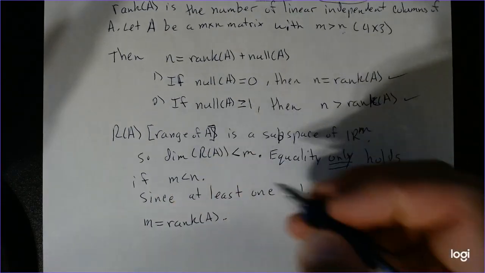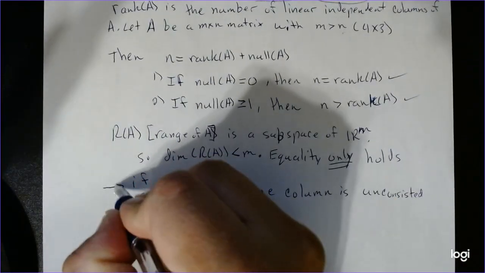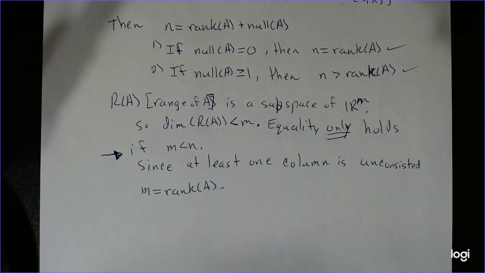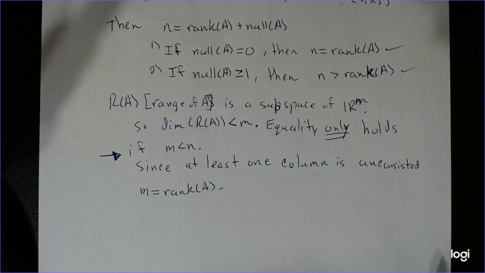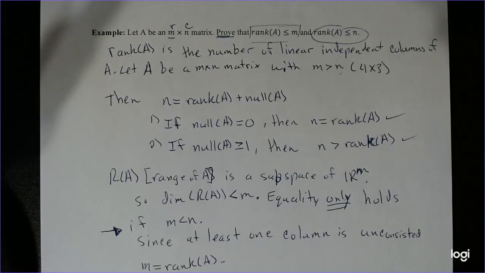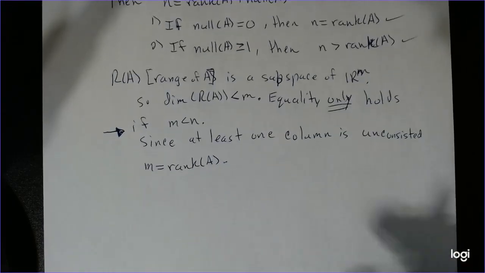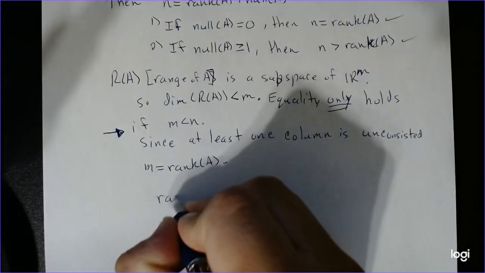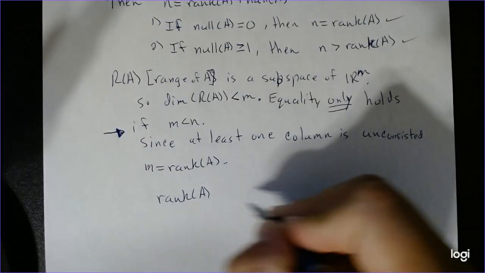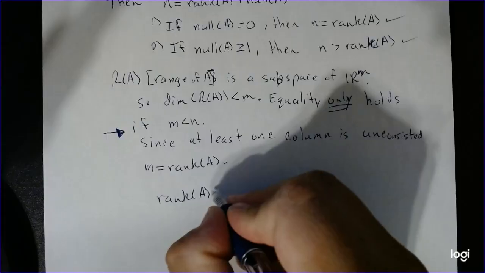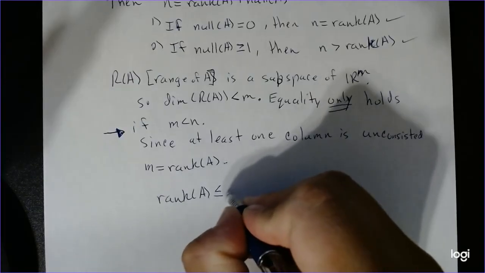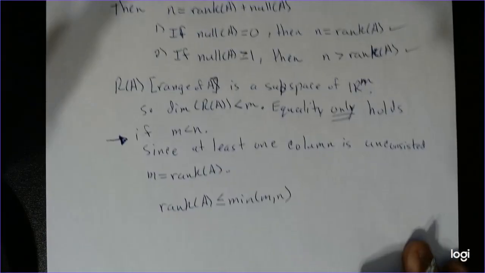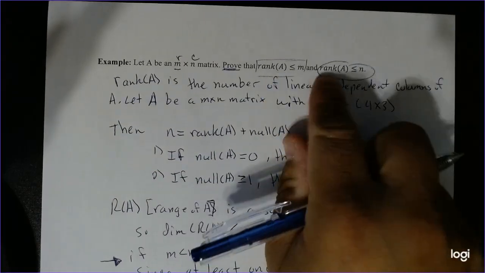But again, this only works if this happens, which is an odd way of asking it. So therefore, we actually disprove something, because this is an example from the textbook. Really, what this question should say is that the rank of A is less than or equal to the minimum of m and n.